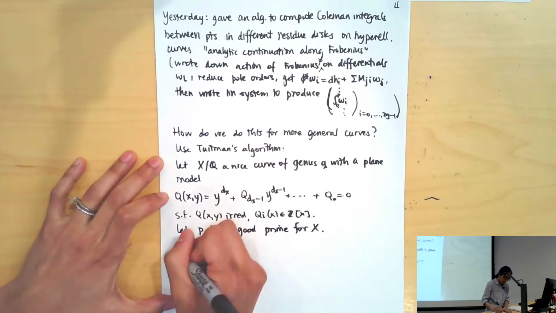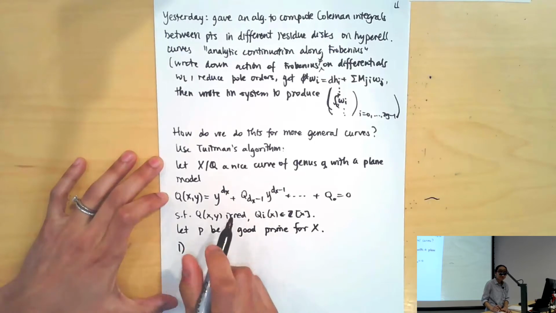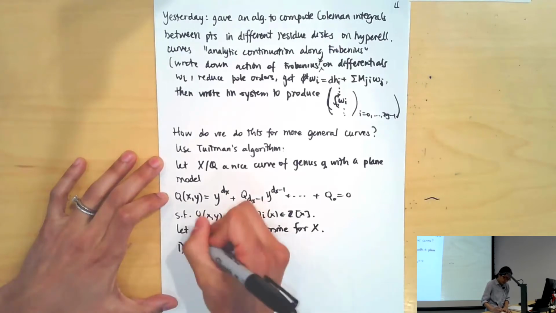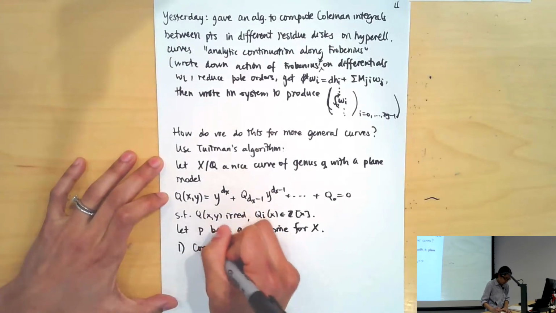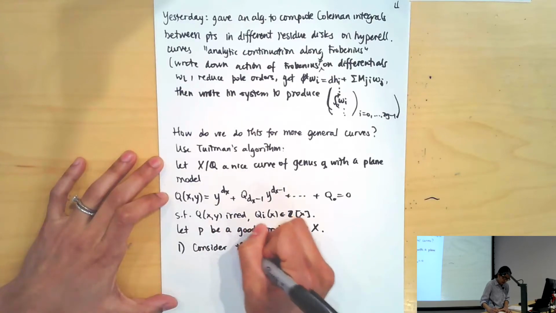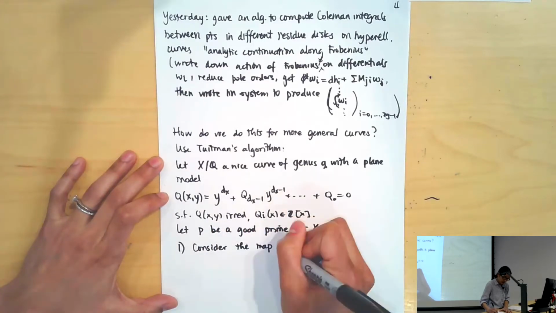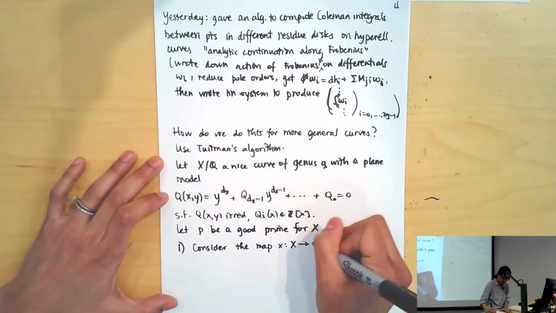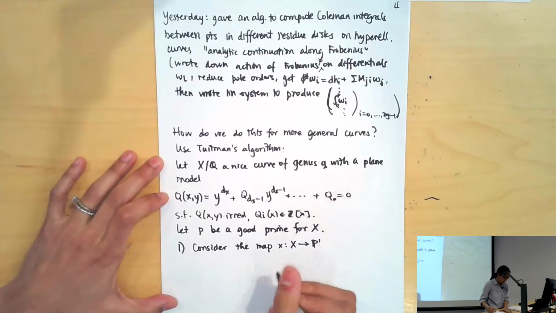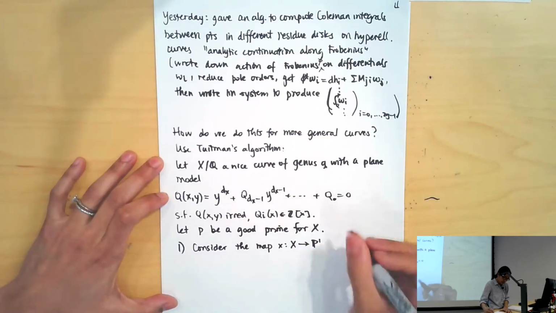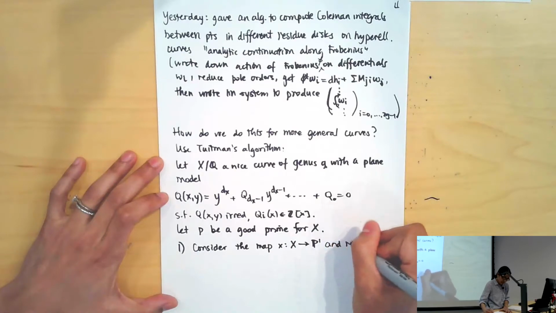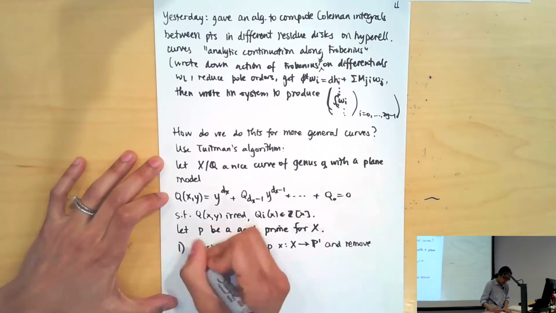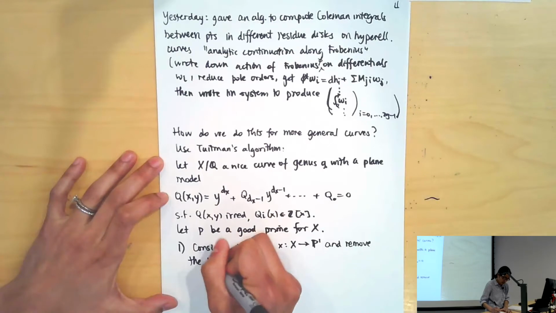So this is a sketch of what Tuitman does in his algorithm. So he considers the map from the curve to P1. So this is a map of degree d sub x. And he removes the ramification locus.